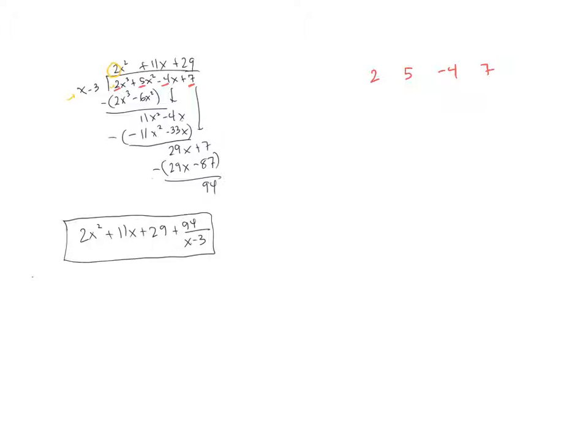Since that's a 1, this number would always be the same as this. So when I'm doing synthetic division, I can bring down that first number because it's always going to be the same, because the coefficient on the x term is 1.